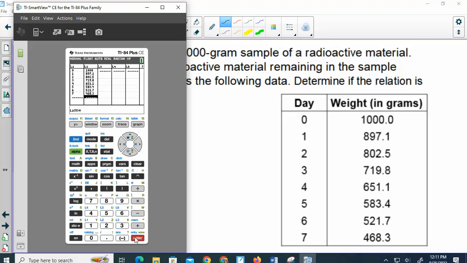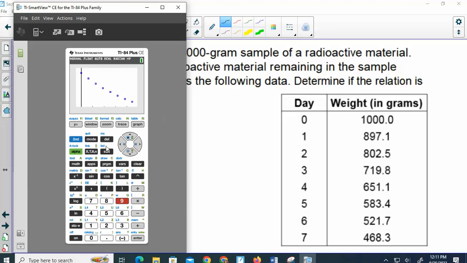Did you guys all get that entered? Let's look at our stat plot first, just to kind of get an idea. So stat plot, turn on, scatter plot, X is L1, Y is L2. We go to zoom 9. So does this look linear? Yeah, it looks pretty linear.